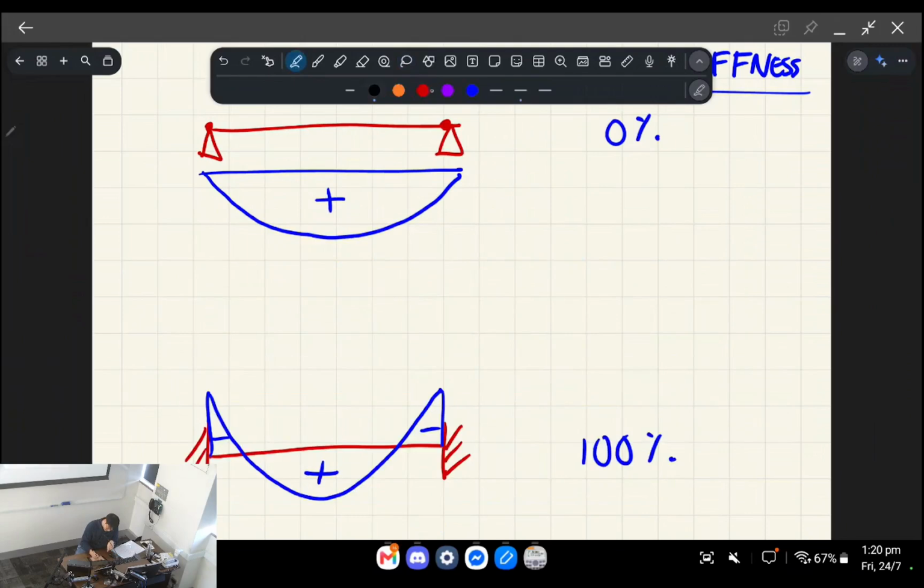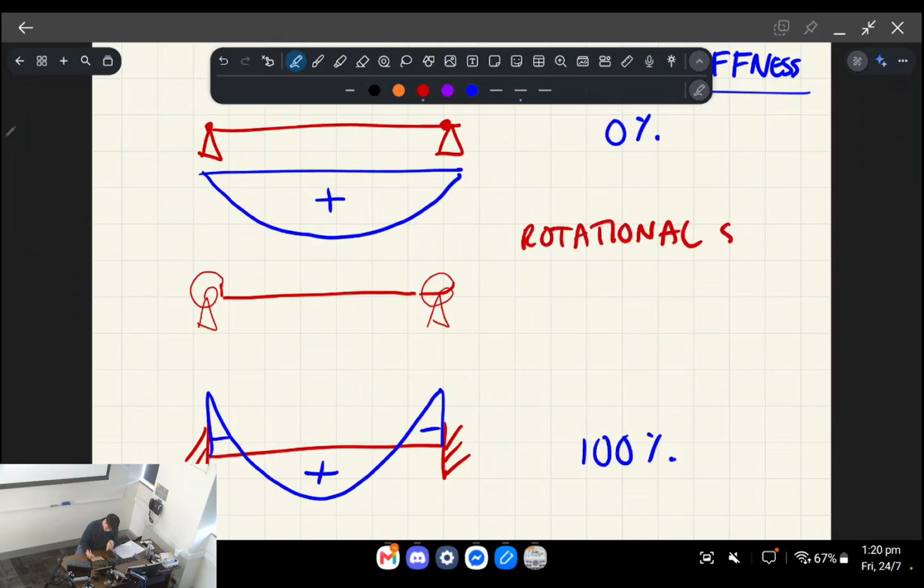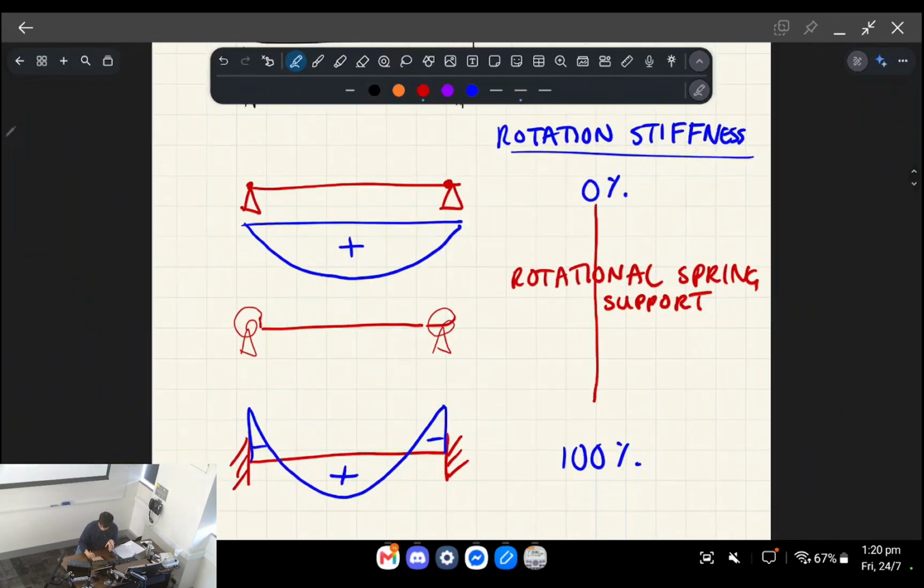Okay, in reality, a lot of systems look more like this, even though it's less intuitive. This is a coil, right? And this is what we call a rotational spring support. And this can be a range of stiffnesses, somewhere in between 100% and 0% stiffness, okay?